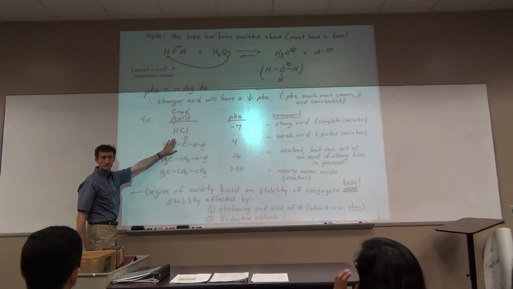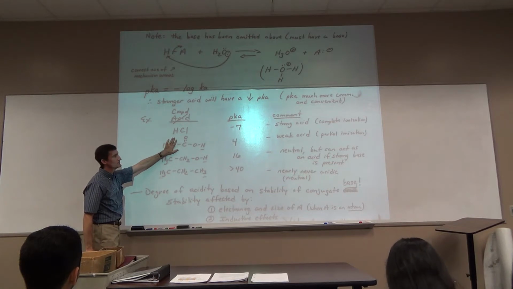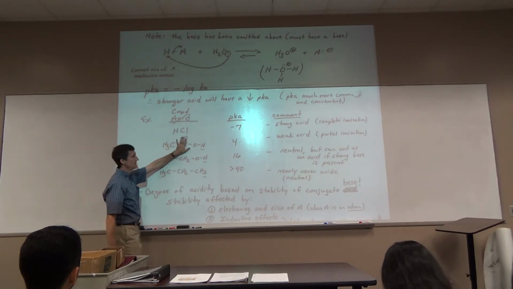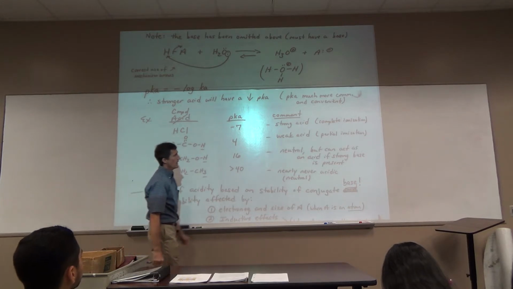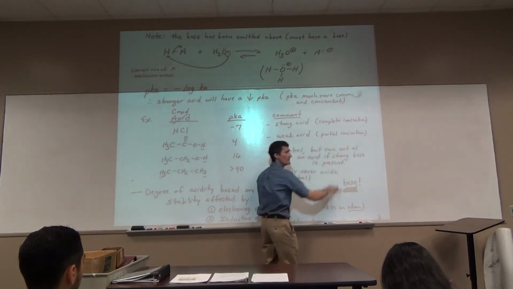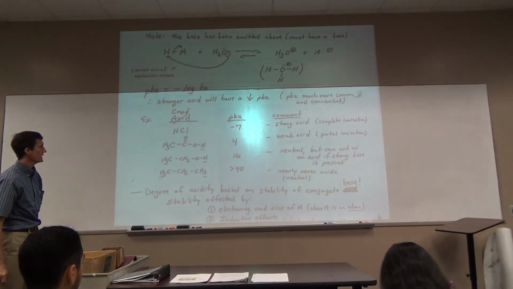Carboxylic acid. Are acidic. We call it carboxylic acid. But they're weakly acidic. pKa of about 4. Weak acid, which means it's only partial ionization if you put it in water, where a strong acid is completely ionized, right?